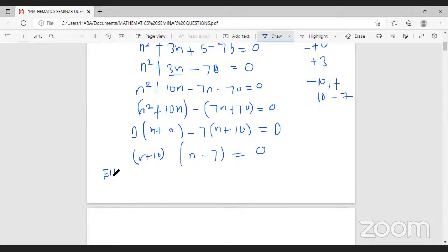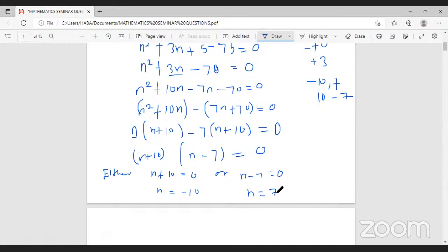We say either n plus 10 is equal to 0, and here our n will be negative 10, or n minus 7 is equal to 0, and n will be equal to 7.